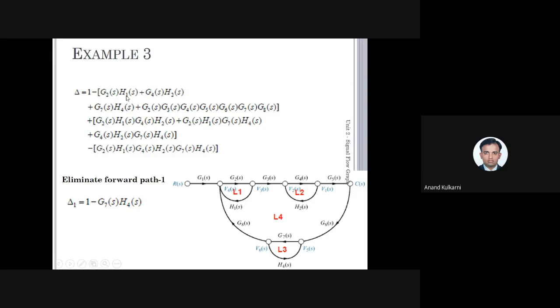That is the reason I told you: if there are odd numbers, we have a negative sign; if there are even numbers, there is a positive sign, because here we have taken non-touching loops taken 2 at a time.